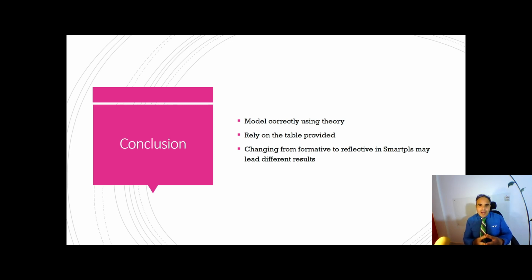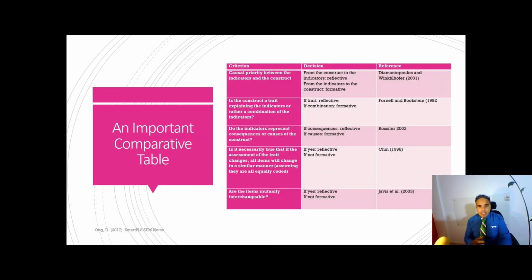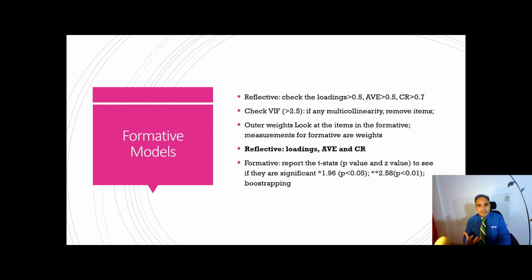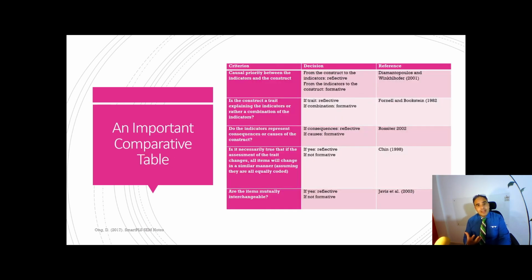Otherwise, you end up having unreliable, maybe not valid empirical results. Relying on the prior table, this table is really good. It is very informative, very comparative, and well supported with references.